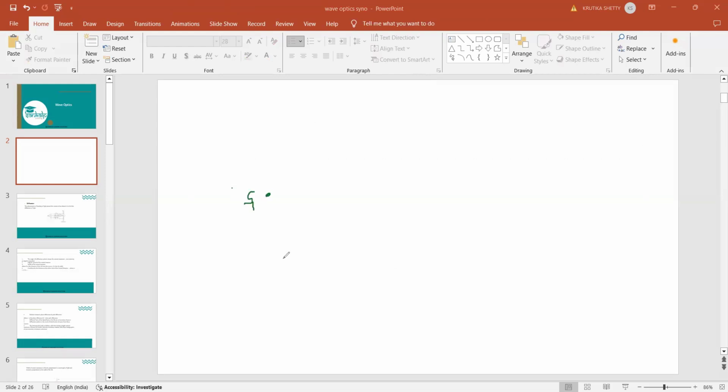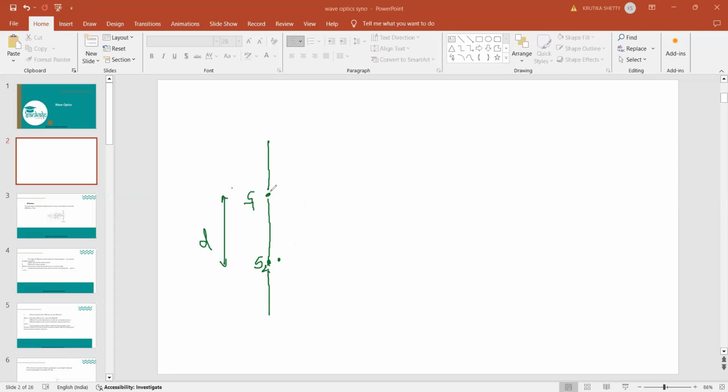The distance between S1 and S2 we will denote by small d. In between we have the source.